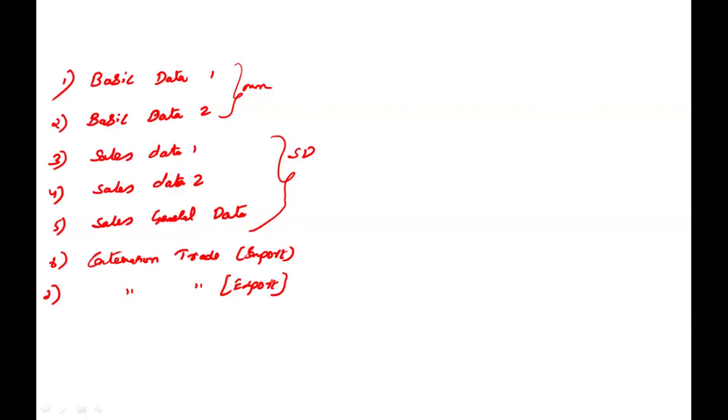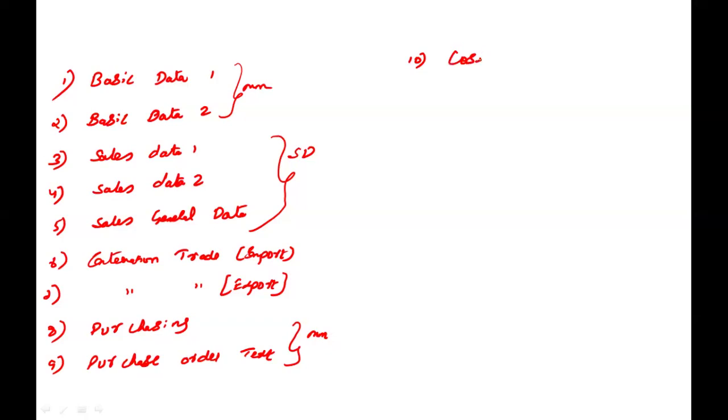If you're doing business with these materials internationally, then these views will come into picture. Then you have the purchasing view. Then you have purchase order text. These both are mainly handled by MM because here we are going to maintain the purchasing information and purchase order text.